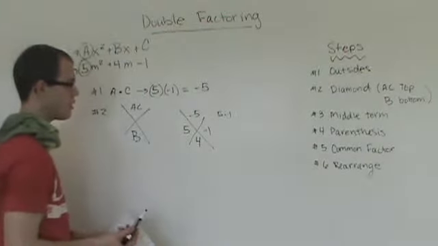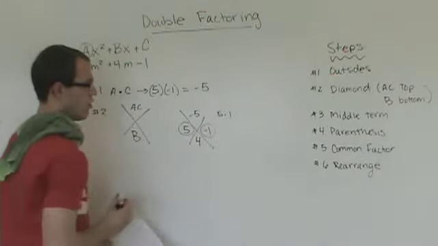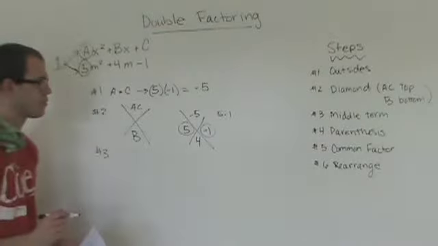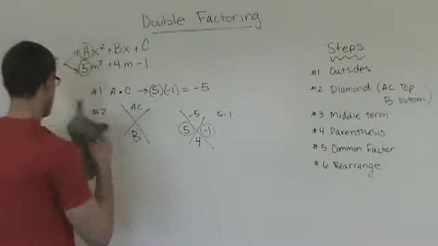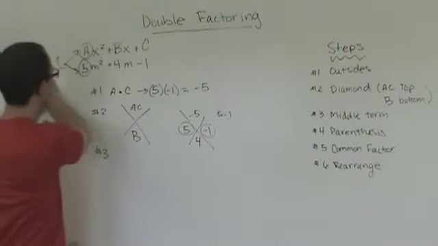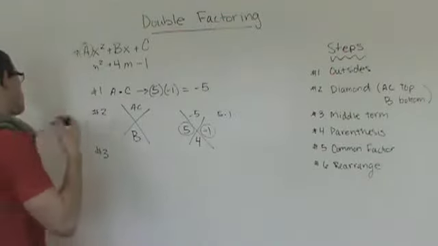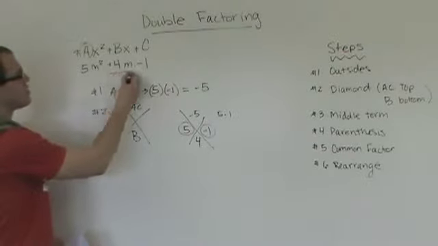All right. Now you want to watch these sides. Use them in step 3. Step 3 is the middle term. So let me write this a little bit better. So the middle term is this 4m.